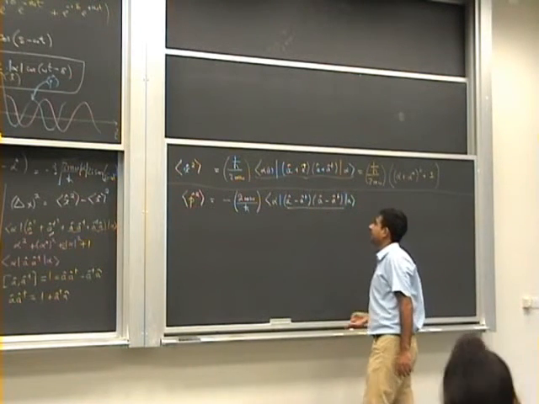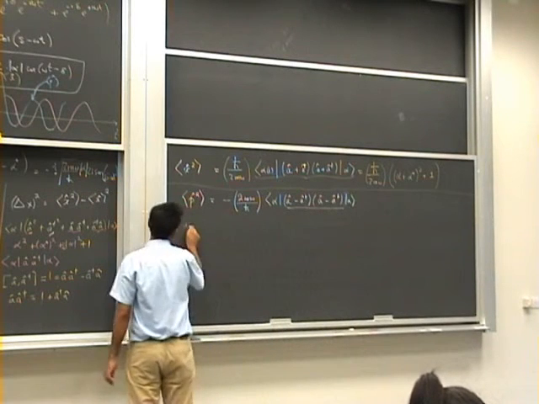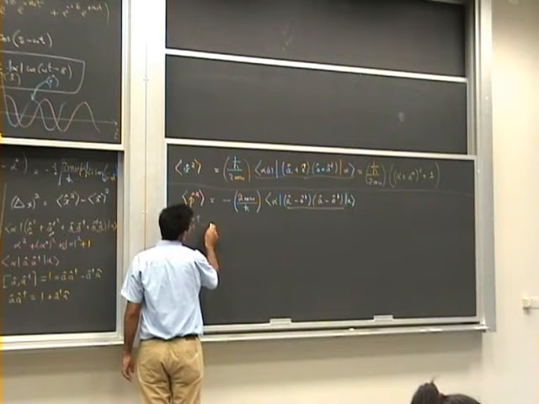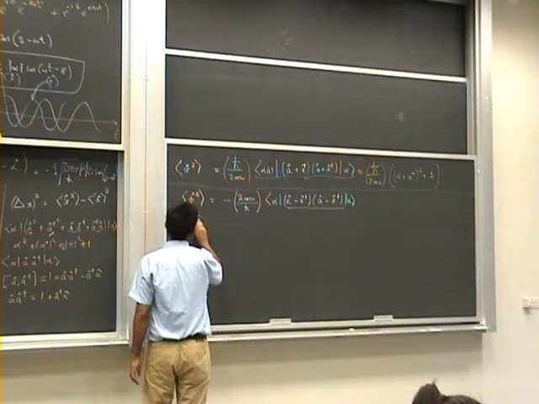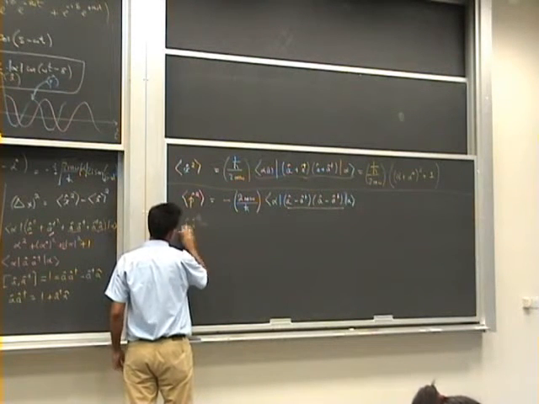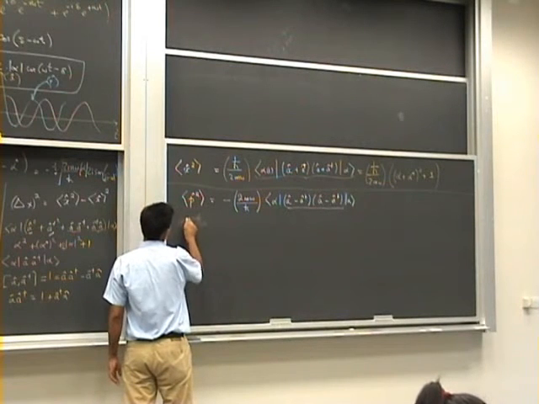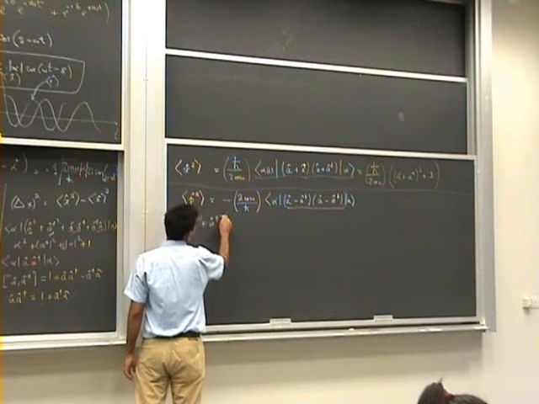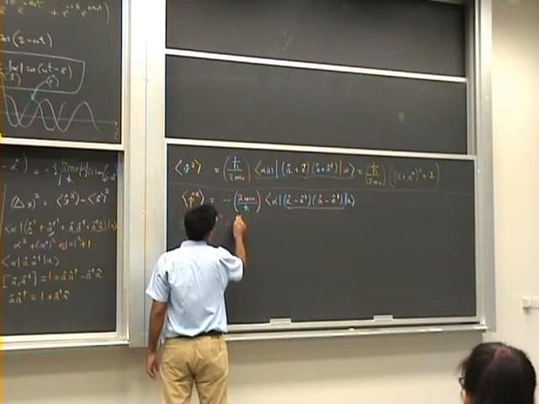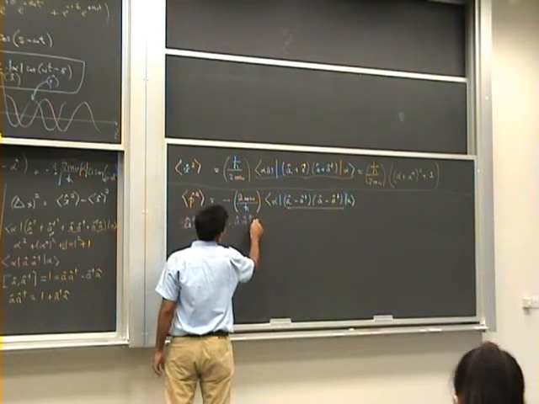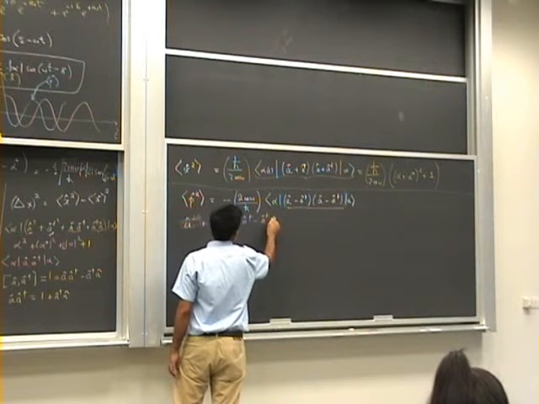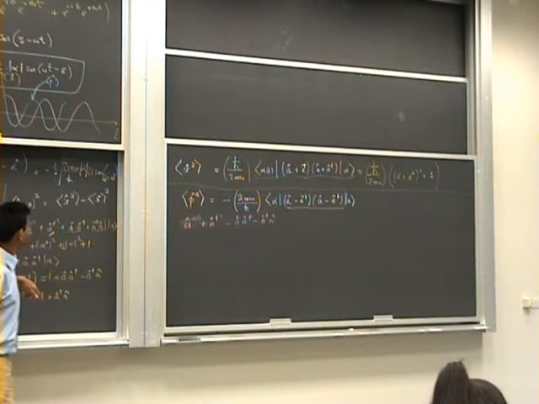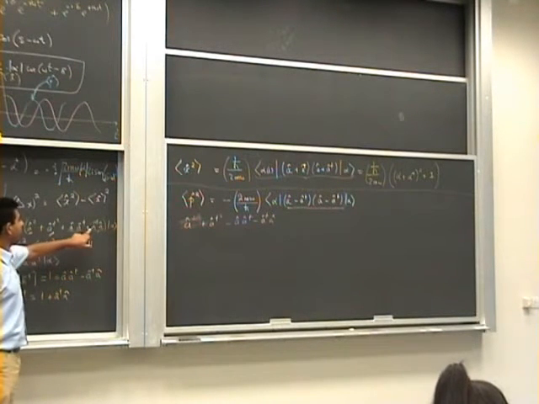I have alpha here. So I would like to find out this thing. This thing once again is A squared plus A dagger squared minus A A dagger minus A dagger A. So the only difference is that I have a minus here and I have a minus here.